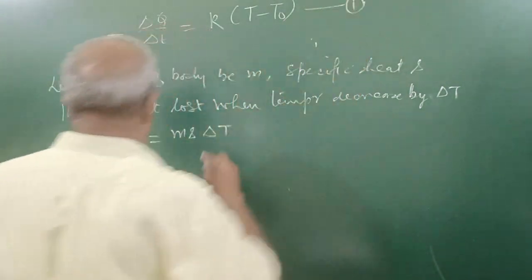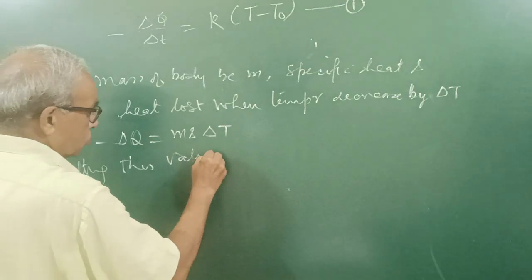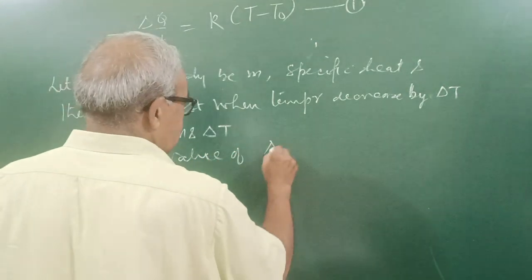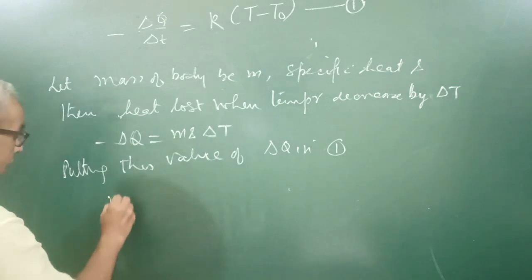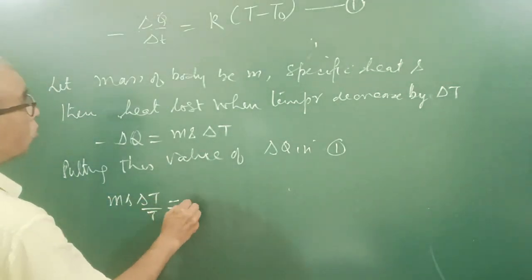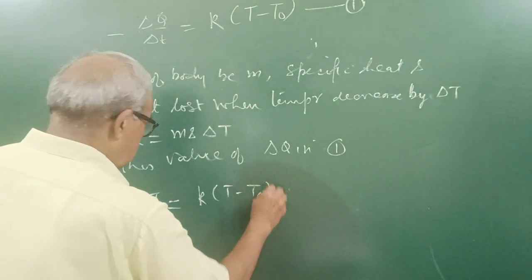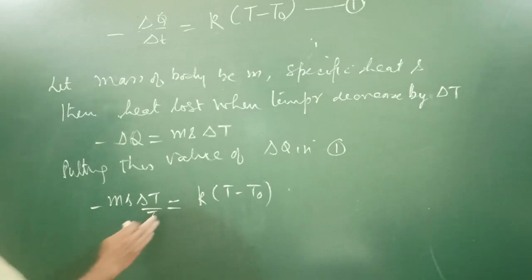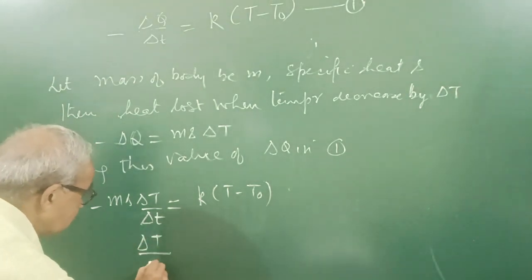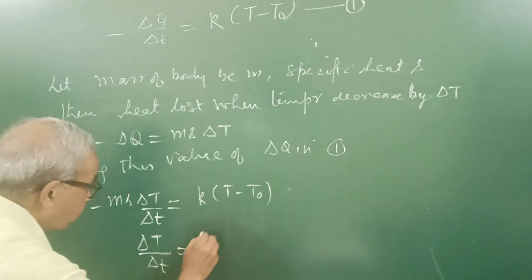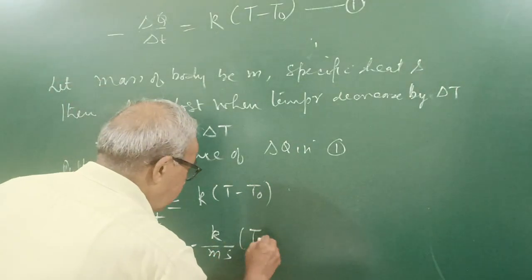let me call it equation 1. Putting this value of delta Q in 1, ms delta T upon T is equal to minus K into T minus T0, sorry, or delta T upon small delta t is equal to k upon ms, minus T minus T0.